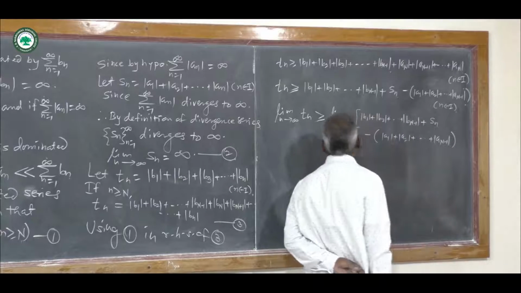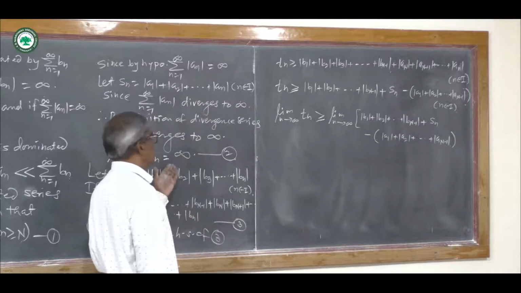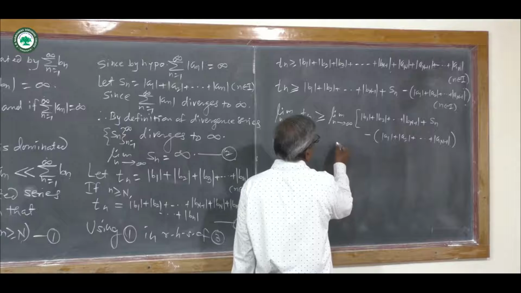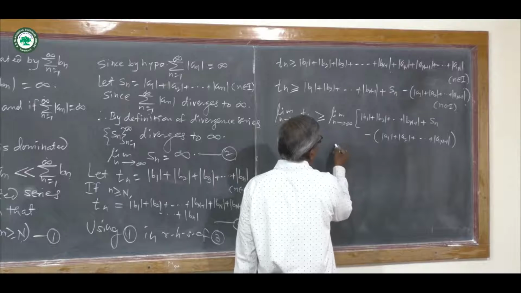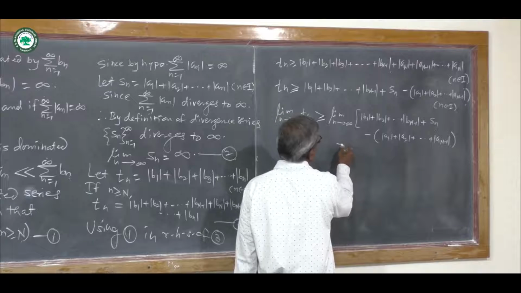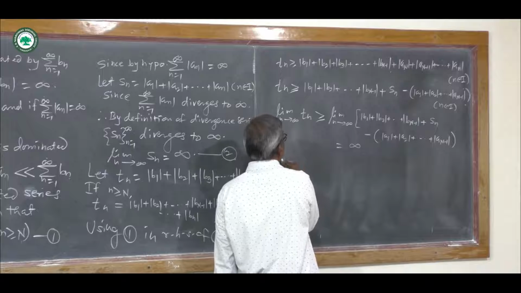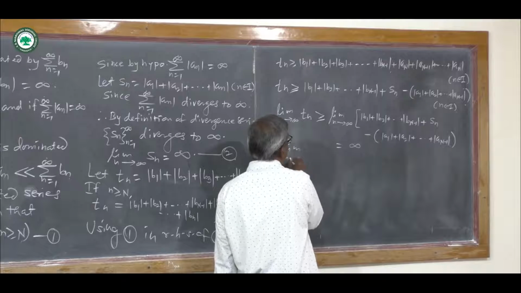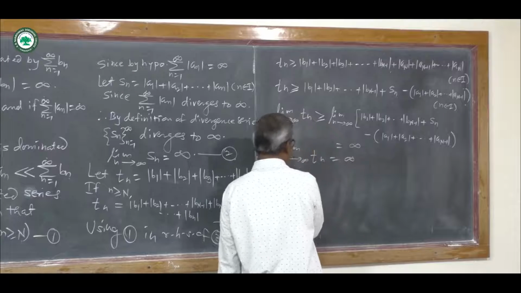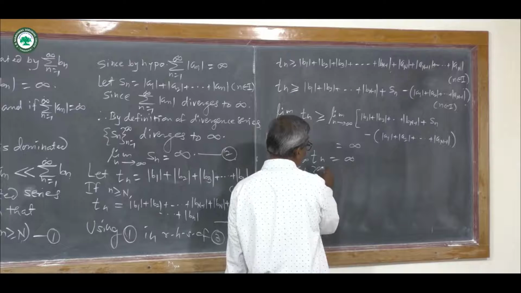As n tends to infinity, Sn diverges to infinity by 2. That is, the limit of the RHS is equal to infinity. Therefore, limit n tends to infinity of Tn is equal to infinity. The sequence Tn, n is equal to 1 to infinity, diverges to infinity.